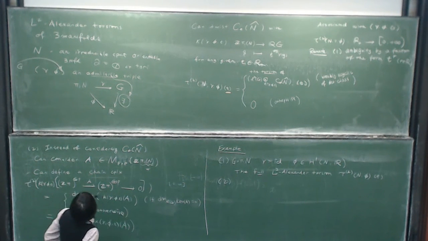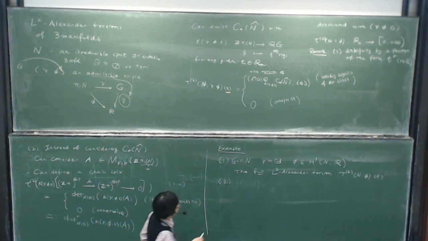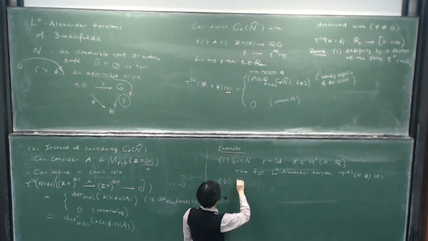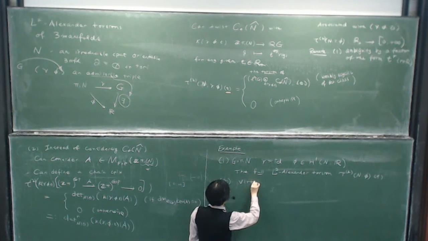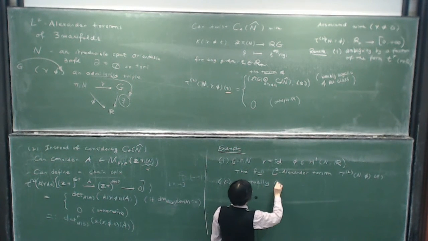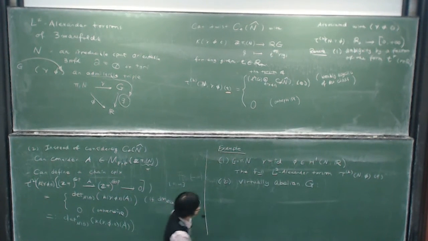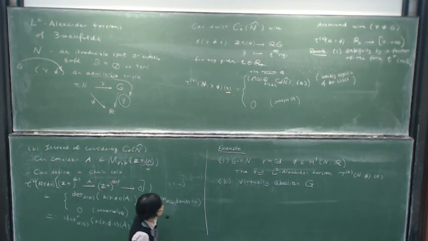And a typical class of such groups G comes from this general construction, which are virtually abelian. So if you are studying three-manifold topology and its virtual properties, you might prefer to study those finite covers of a group.